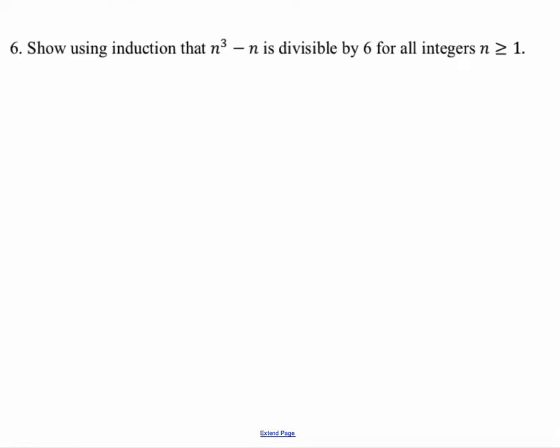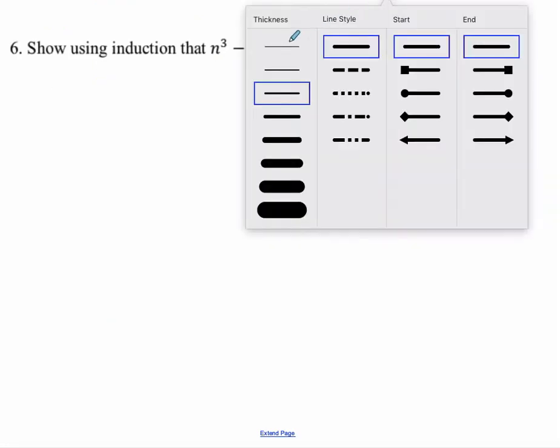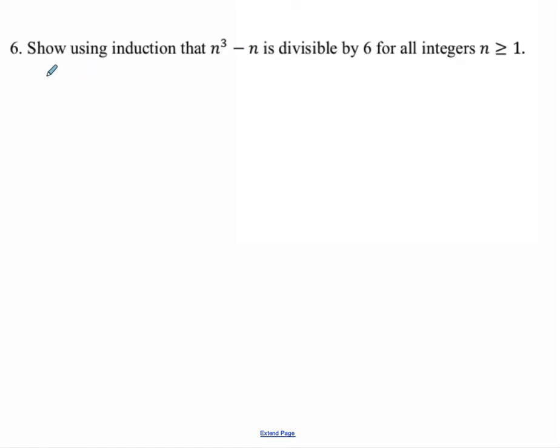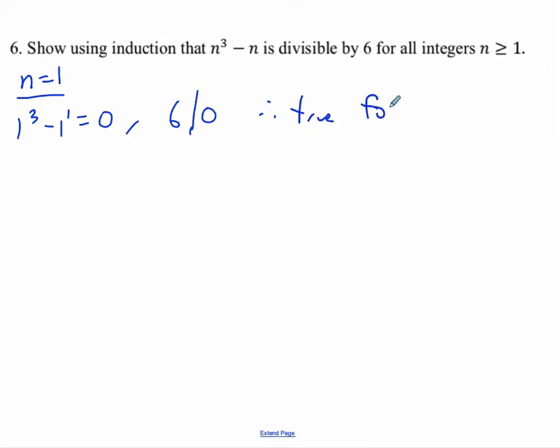Okay, next we have a slightly different divisibility question. So let's start with the base case. n equals 1, and that means 1 cubed minus 1, which equals 0, and 0 is divisible by 6, so it's true for n equals 1.